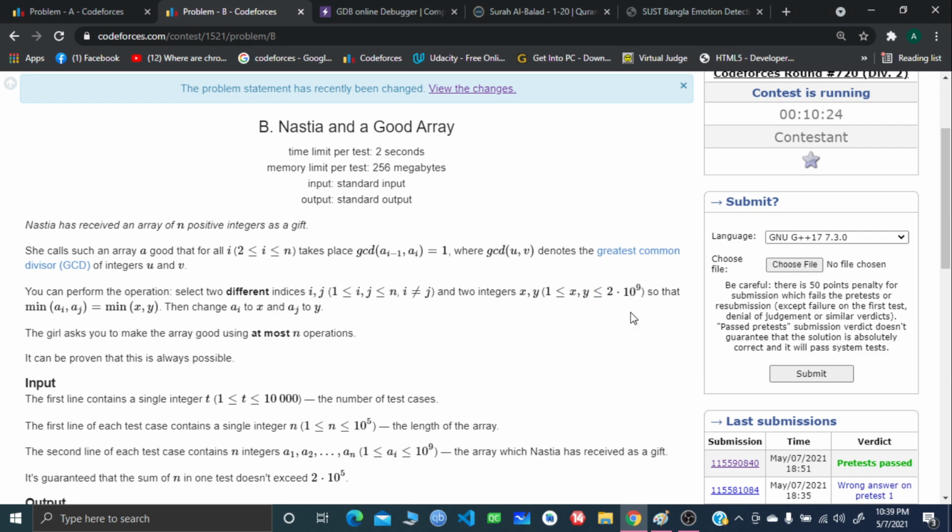That's interesting. That's where my mind was tricked, like I got the idea right away that yes, I can do something out of it. Let's think about it. The two integers that I'm going to be taking are of my choice, and they're up to 2 into 10 to the power 9.